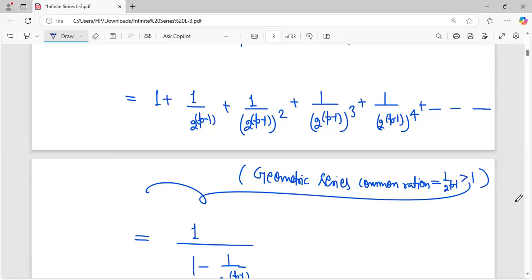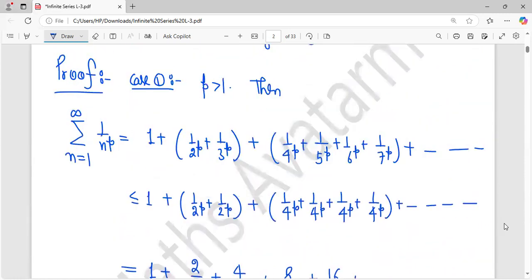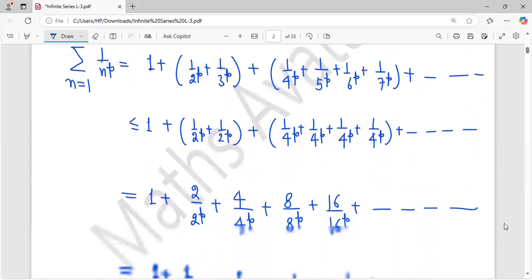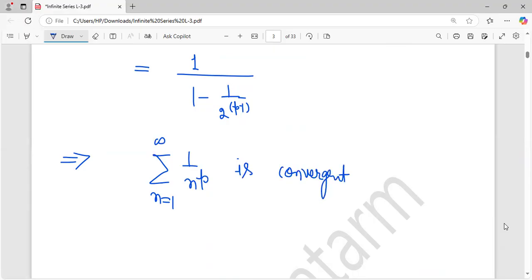Each term of the geometric series is greater than the corresponding term of the given series, 1 upon n to the power p. So if the geometric series is convergent, this implies that summation 1 upon n to the power p is convergent by the comparison test.